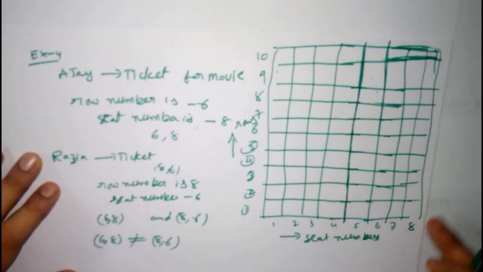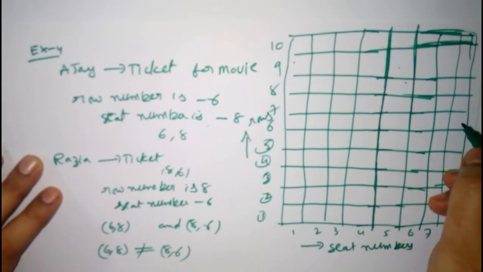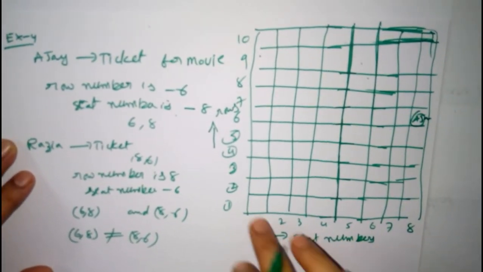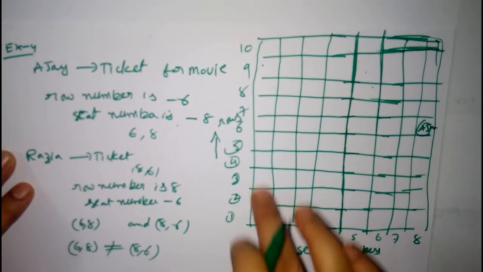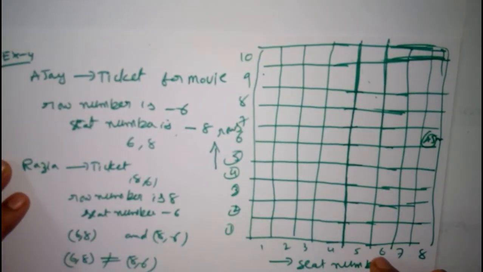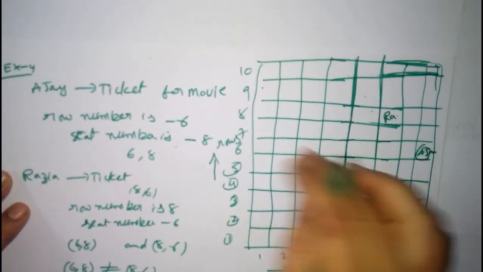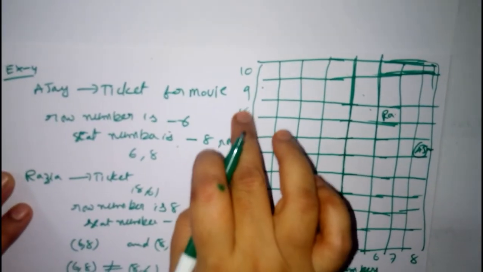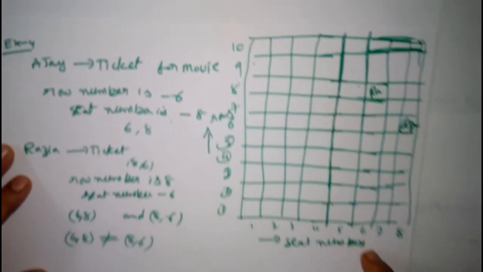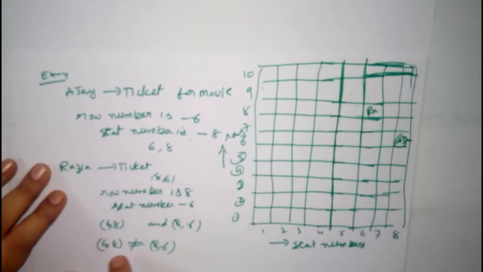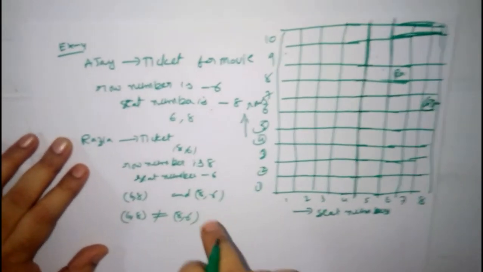So this is Ajay. Next Razia, row number 8, seat number 6. This is Razia. So this is Ajay's place and this is Razia's place. So 6 comma 8 and 8 comma 6 are not equal.